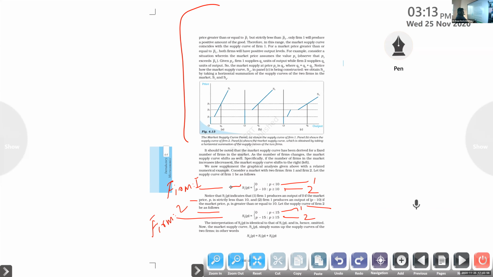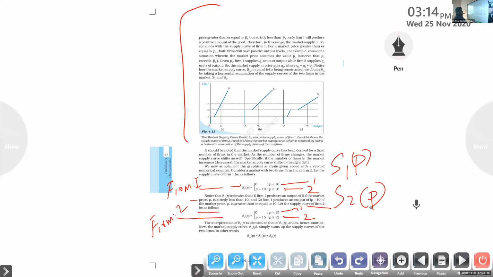So we want to add S1(P) plus S2(P), which will give the market supply curve S_M(P). We want to add both the supply curves: for the first firm it is S1(P), and for the second it is S2(P).